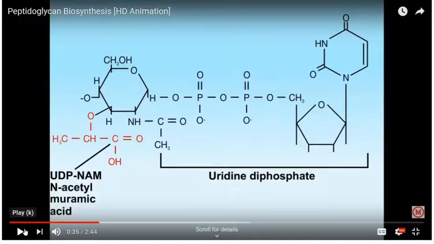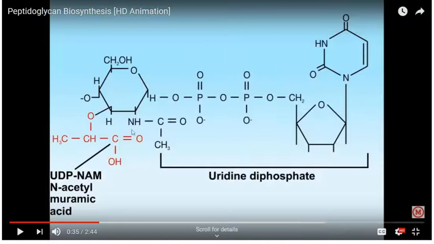Okay, so here you've got UDP, so two phosphates here. And then you've got the sugar part, which is N-acetylglucosamine, with an N-acetyl part here. N-acetylmuramic acid is N-acetylglucosamine, but it's got a lactyl group.